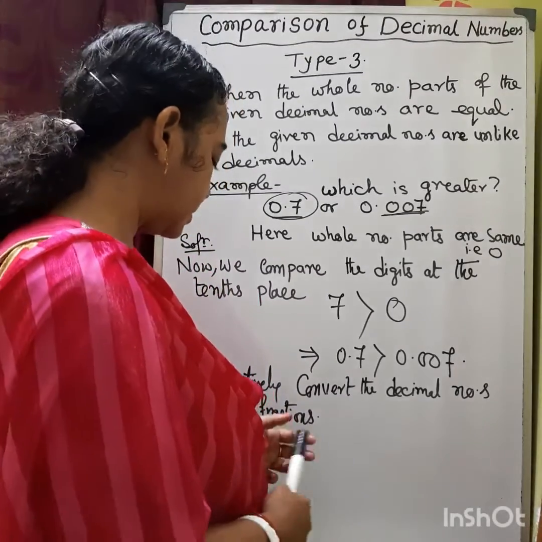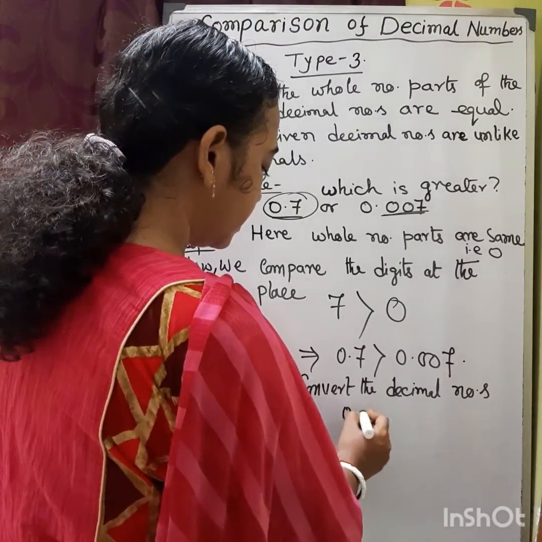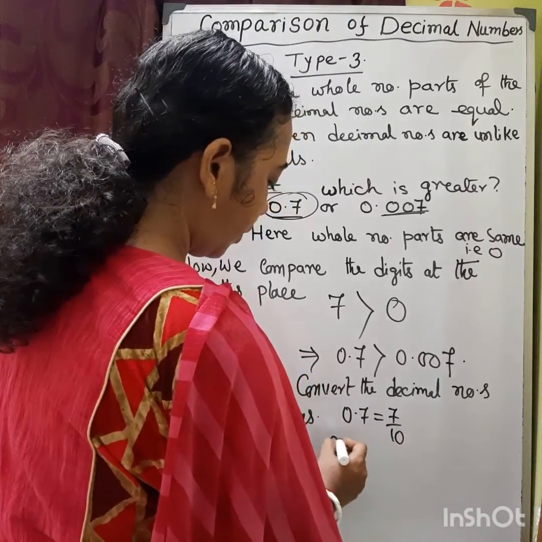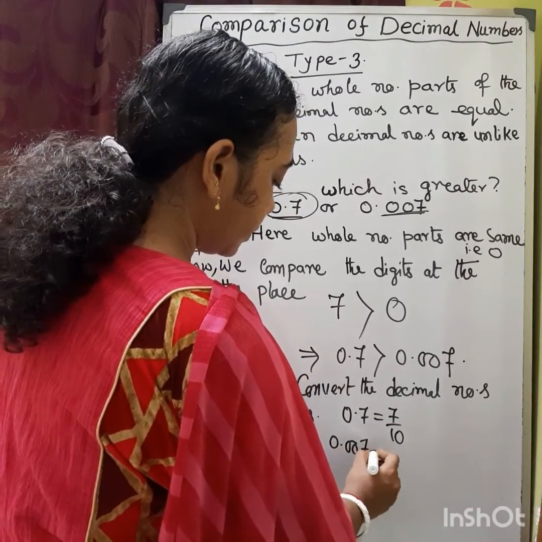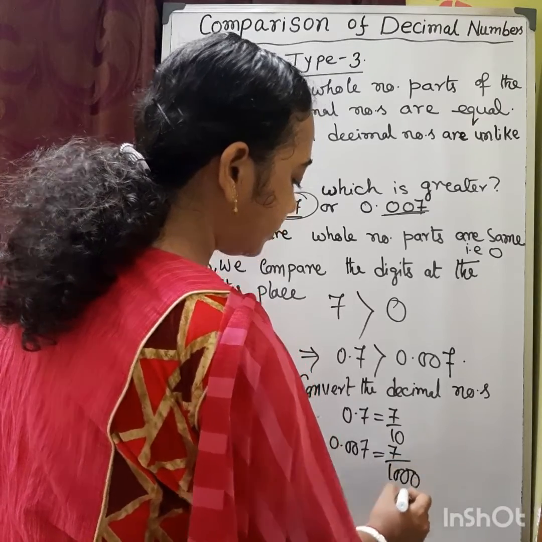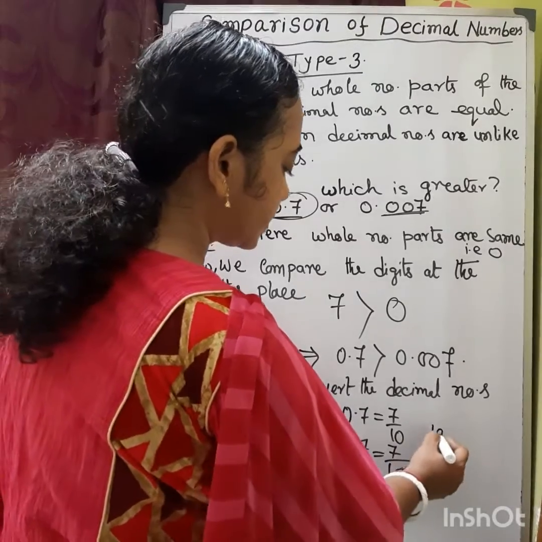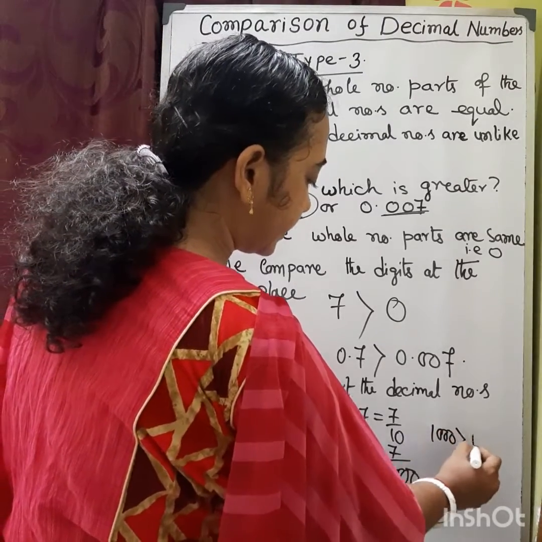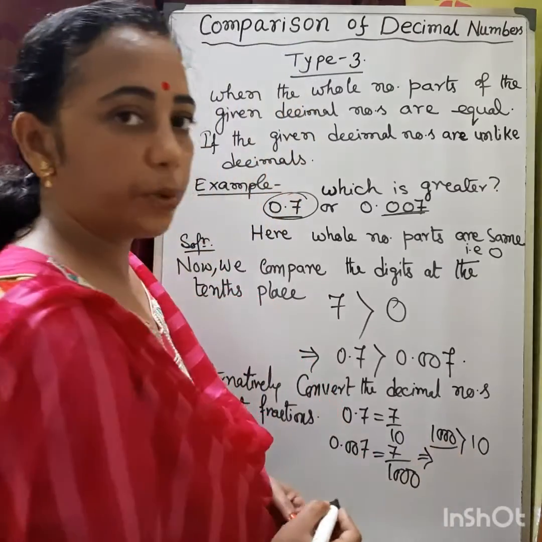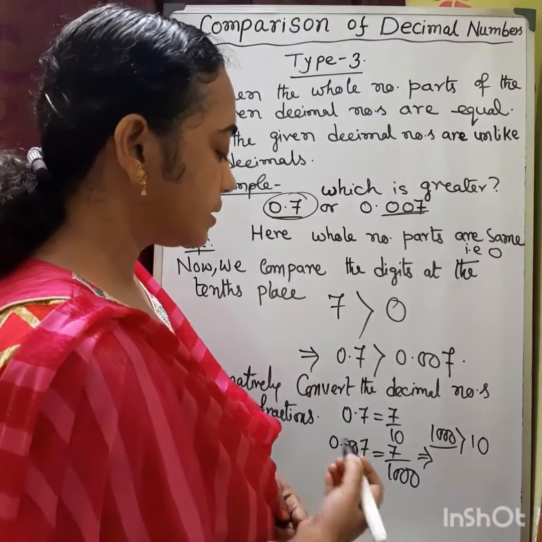If we convert the decimal numbers into fractions, 0.7 is equal to 7 by 10 and 0.007 will be equal to 7 by 1000. Now both have the same numerator, so if we compare their denominators, 1000 is greater than 10, which implies that the fraction having the greater denominator will be smaller as compared to the other one.